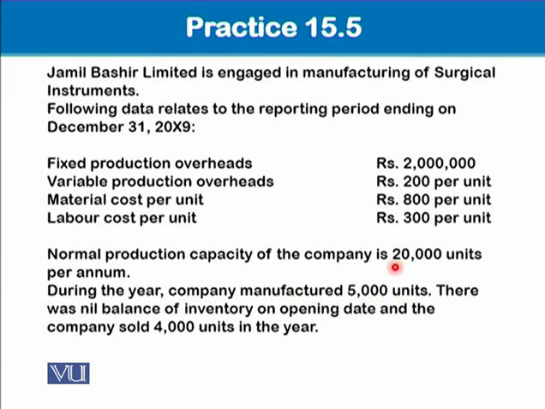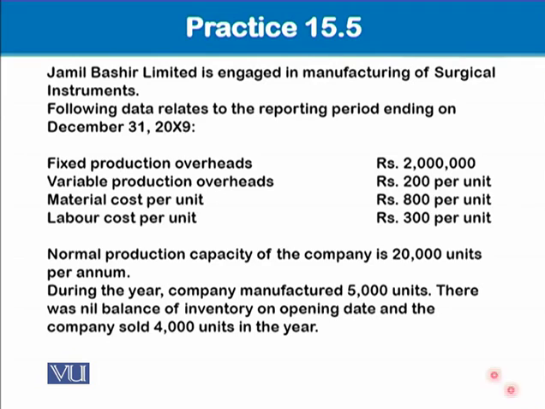So you see, the normal capacity is greater than the actual level that was attained during the year. This is the normal capacity, that normally 20,000 units can be produced, whereas in that year we could produce only 5,000 units. There was nil balance of inventory on opening date and the company sold 4,000 units in the year.